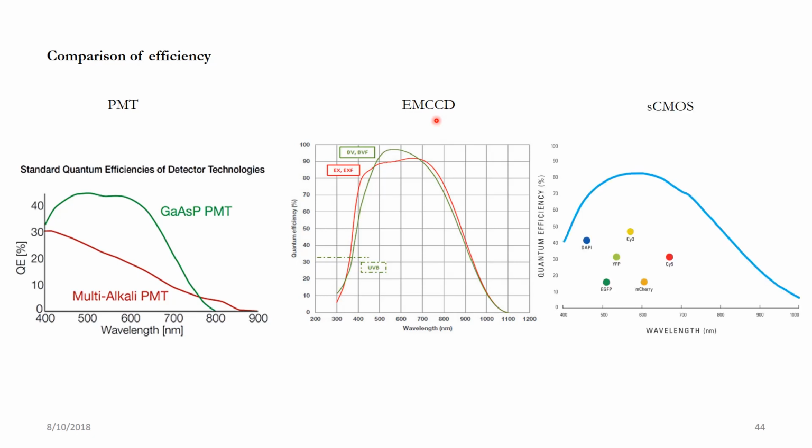And CMOS cameras cost about $5,000 or so, and they are relatively very good efficiency nowadays, and they are catching up with the EMCCD. So very soon I believe that as time progresses, EMCCD is going out of market, hopefully, and sCMOS will replace it, because they can have a really large pixel area and are fast.